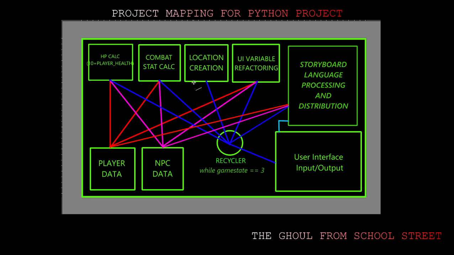And then the recycler, which is just the cycle for generating the outcomes based on the steps or whatever, because this is a continual process. So that's just unified by game state. Then that will go through to the user interface input and output after the storyboard is put together.